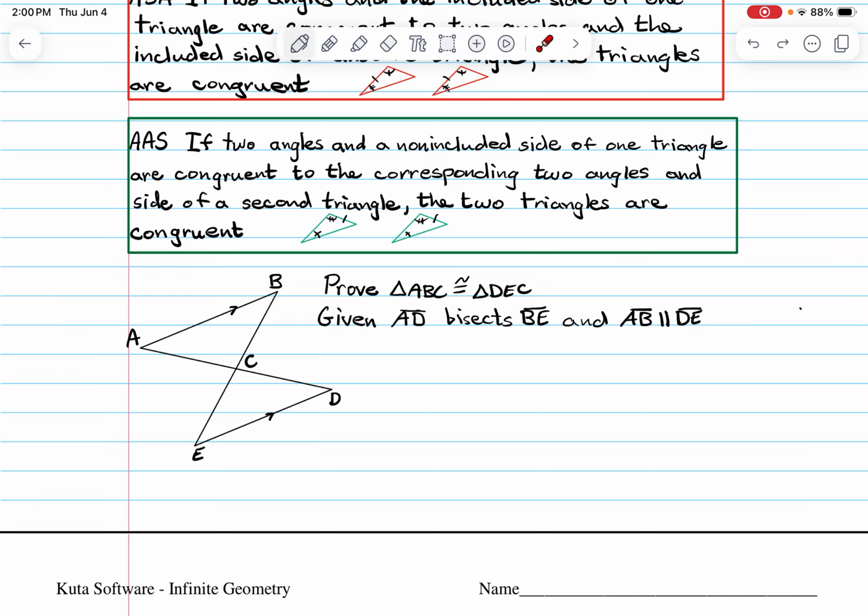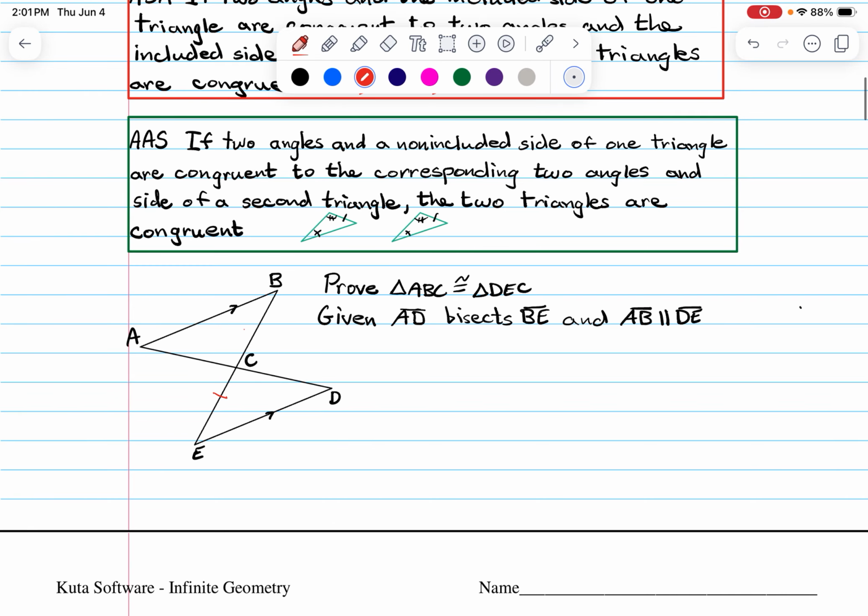Now, when we say bisects, that means that it cuts it into two equal parts. So AD bisects BE. Actually, the way I drew this was not correct. Let me fix that. There we go. AD bisects BE.